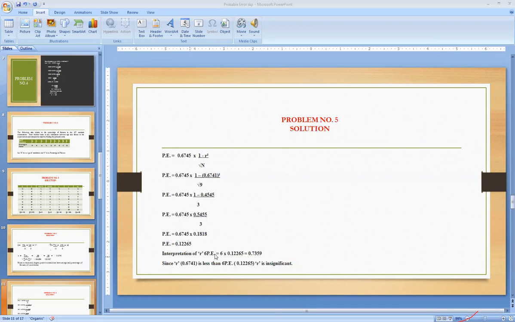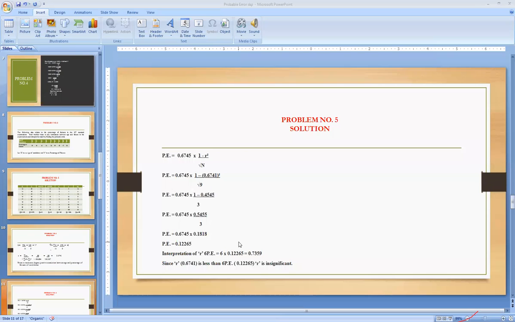Now we have to write the interpretation whether r is significant or not. To check if r is significant, first we need to calculate the 6 PE value. So 6 PE means 6 into probable error, that is 0.12265. The 6 PE value is 0.7359. Now this value has to be compared with the correlation, which is 0.6745.